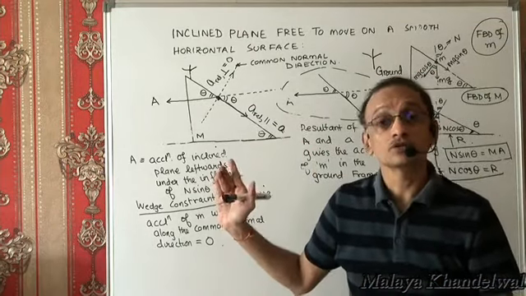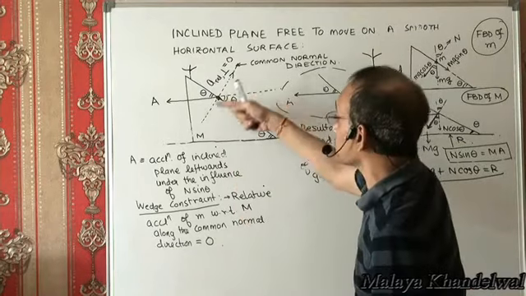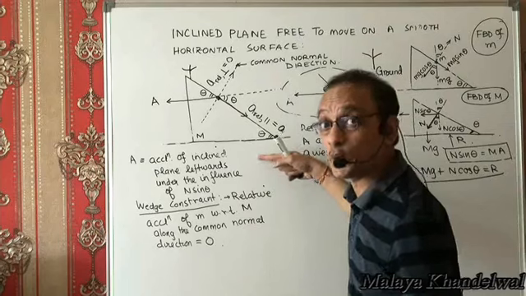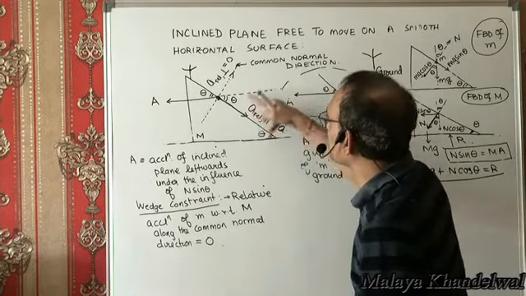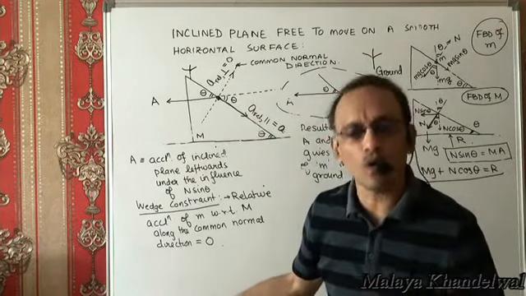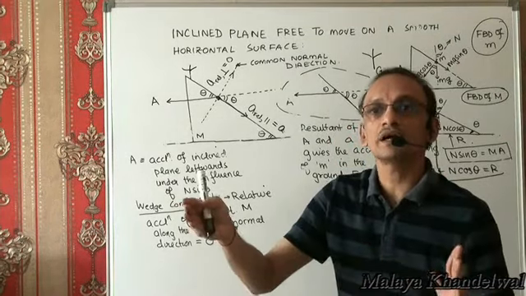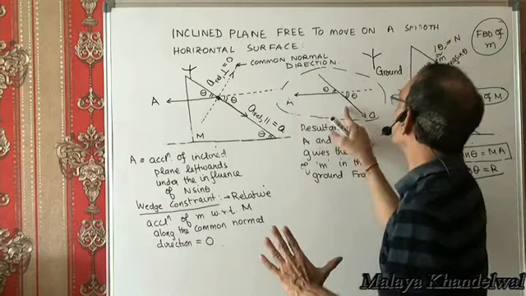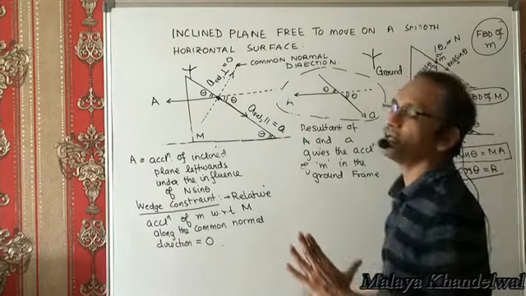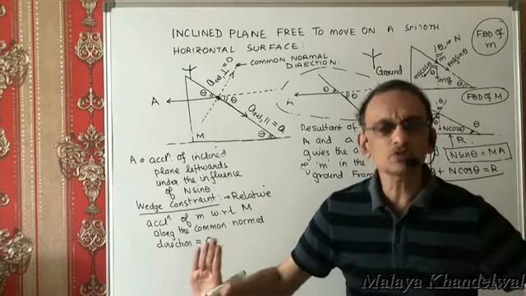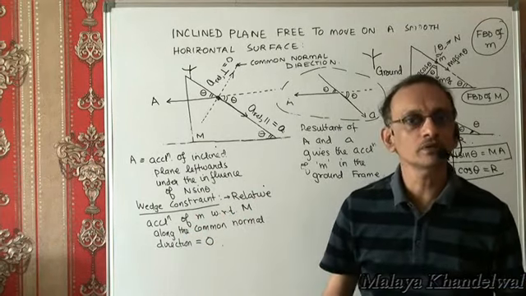Now, whether I choose to resolve forces perpendicular to the plane and parallel to the plane and write equations of motion that way, or I resolve forces vertically and horizontally and look at the effect in a horizontal sense and in a vertical sense, that does not matter. That is only cosmetic.